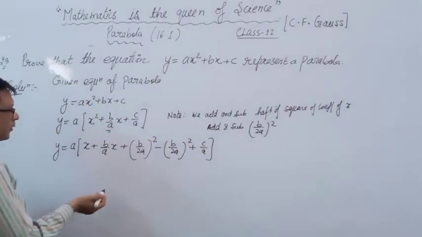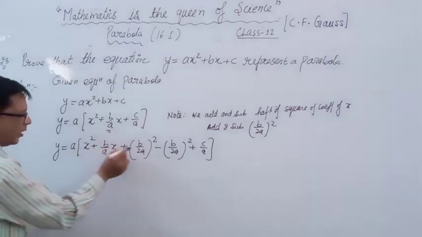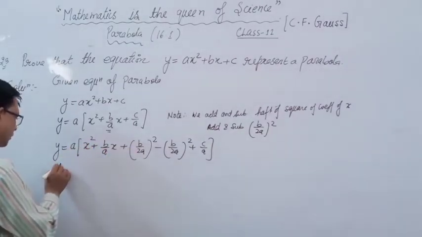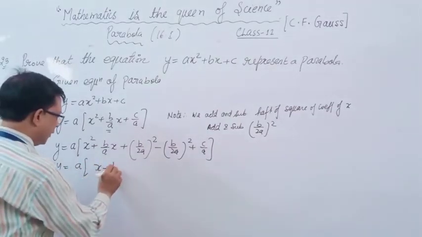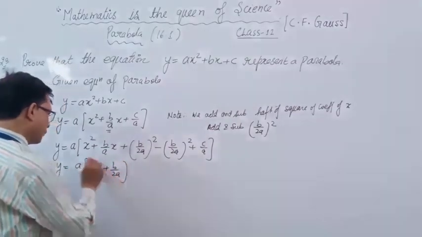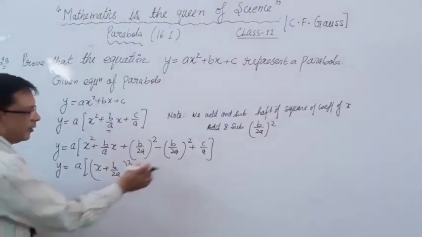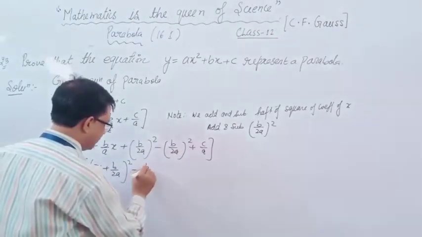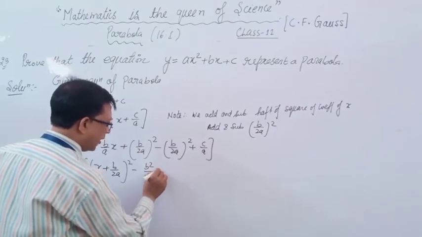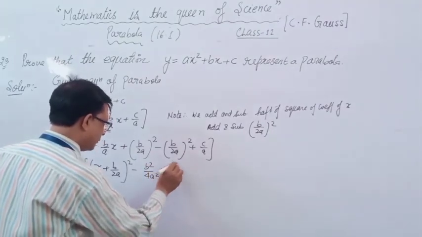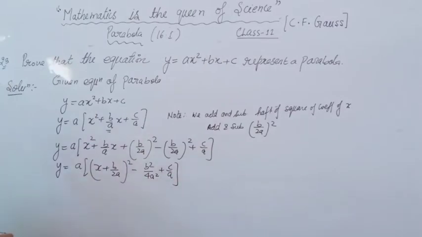Now students, this becomes the formula a square plus b square plus 2ab. So this is x plus b upon 2a whole square. The remaining term is minus b square upon 4a square plus c by a. Now open the bracket.